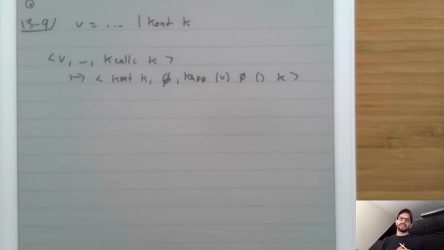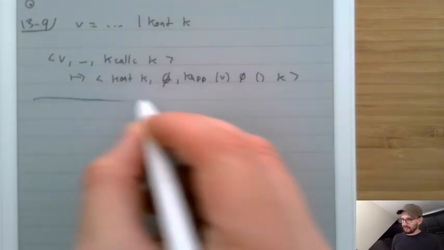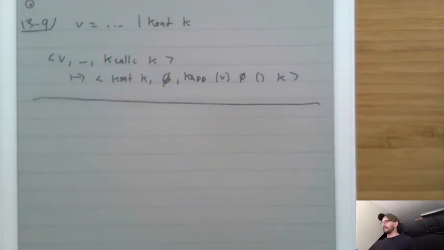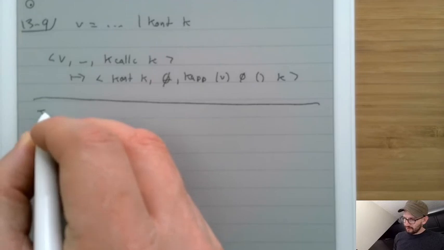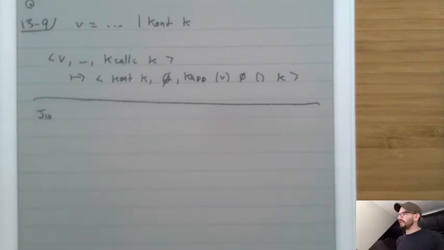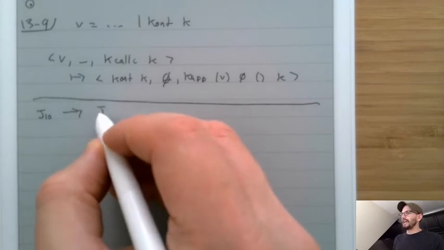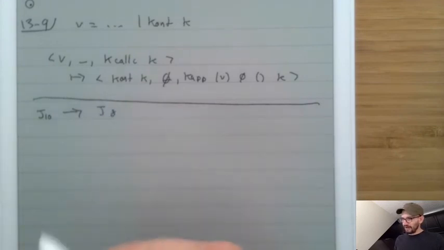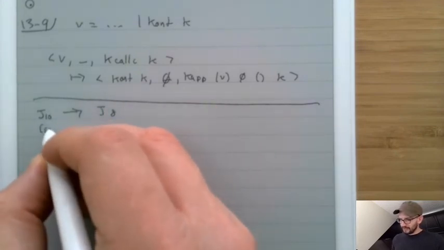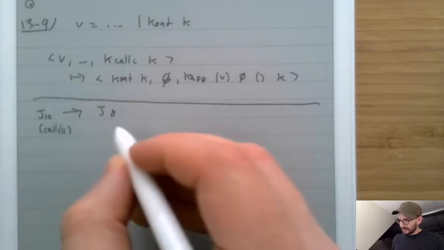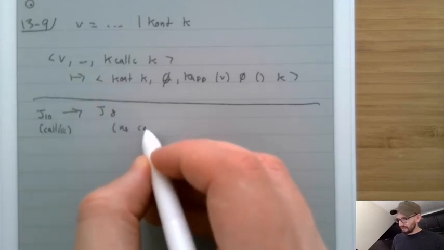There's another strategy for implementing continuations, and this is pretty exciting. Basically it allows us to transform a J10 program, that's the language with continuations, into a J8 program, the language that has no call CC.